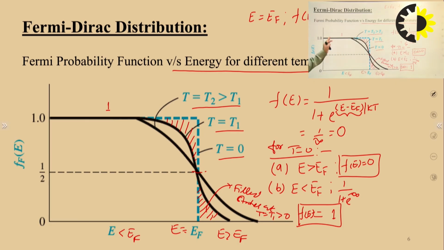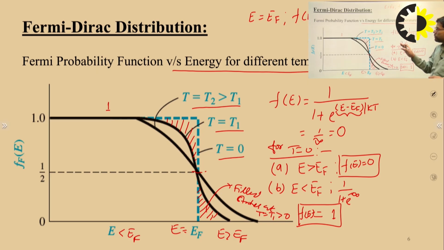If you increase the temperature again beyond T1, then you will have more filled states at energy levels greater than the Fermi energy level, and corresponding to these filled states, you will have some empty states below the Fermi energy level. That is the concept of the Fermi-Dirac distribution function here.